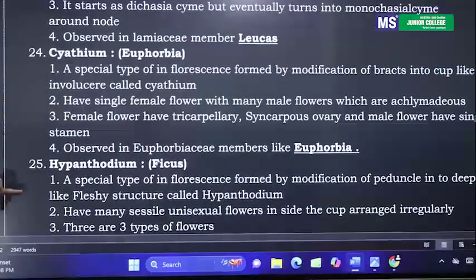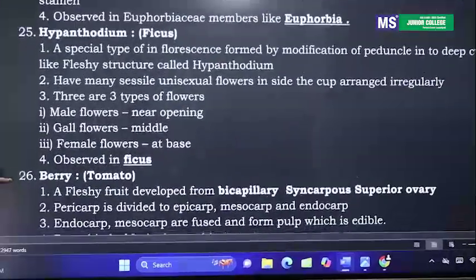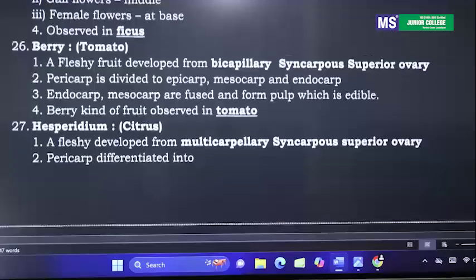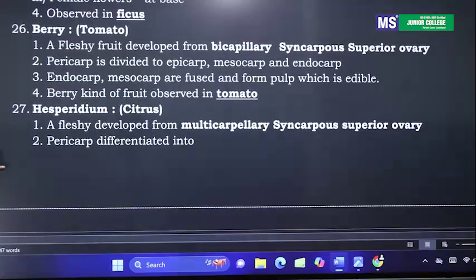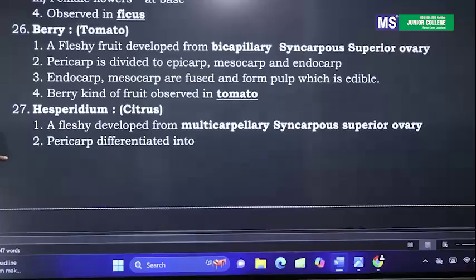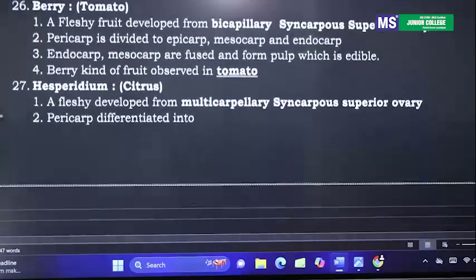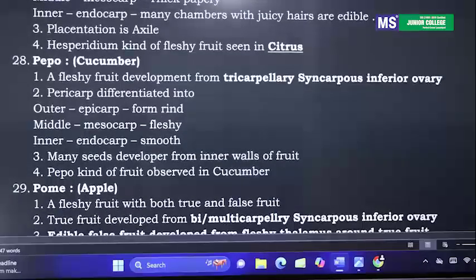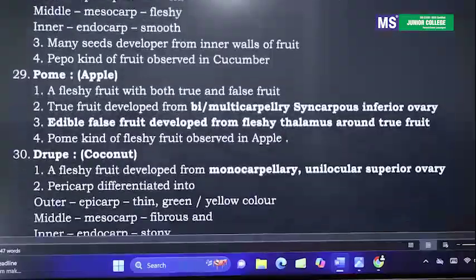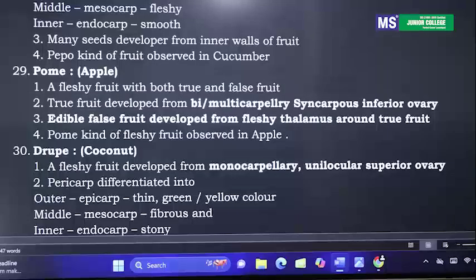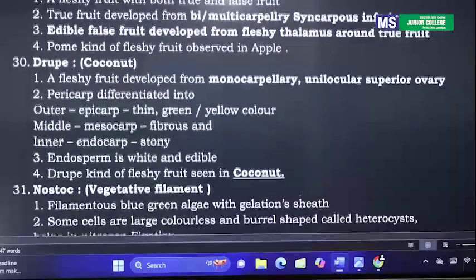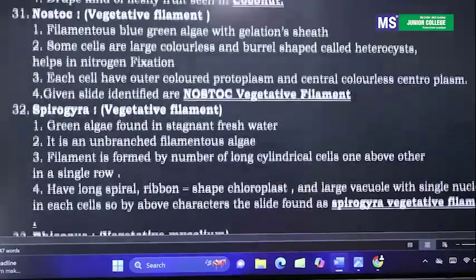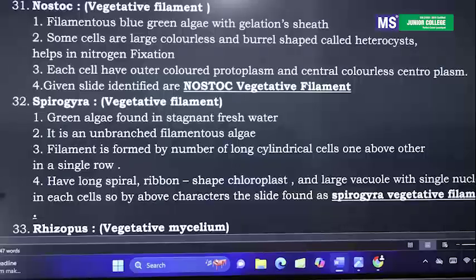Hypanthodium inflorescence, Ficus. Berry type of fruit, a fleshy fruit, tomato. Hesperidium, a kind of fleshy fruit, citrus. Pepo, cucumber. Pome, a false fruit, apple. Drupe, coconut. Nostoc, vegetative filament. Spirogyra, vegetative filament.